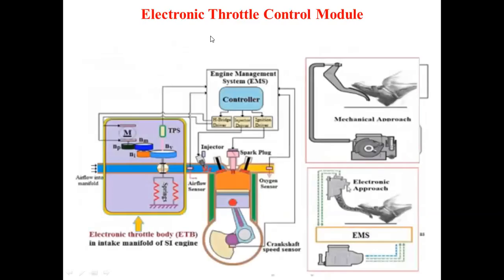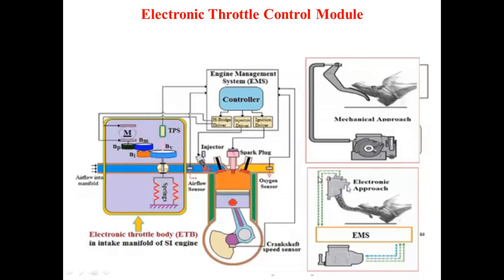Now, the electronic throttle control module. If you see, this is the mechanical approach that we see: the driver presses the accelerator pedal and it is directly connected to the throttle valve. Now, in between the throttle valve and the driver's accelerator pedal, there is an engine management system.